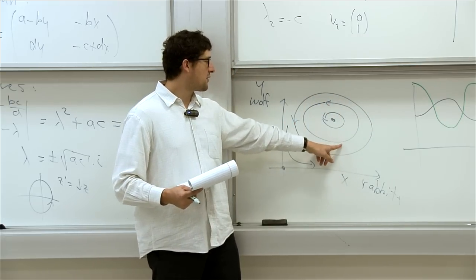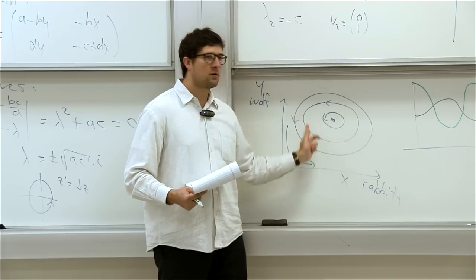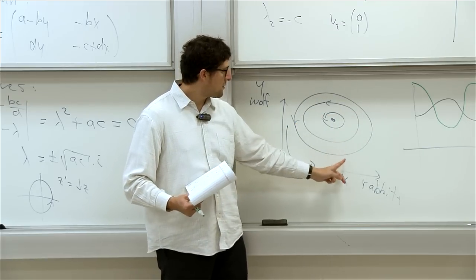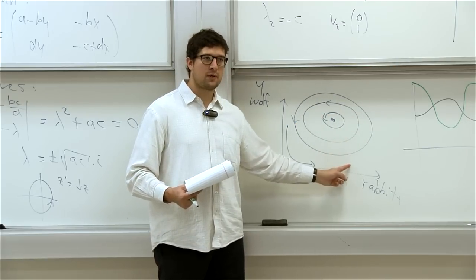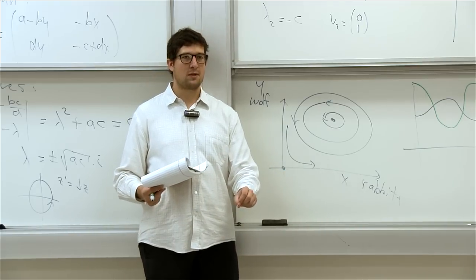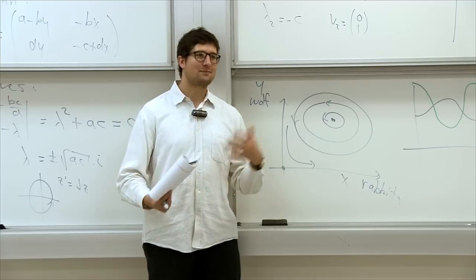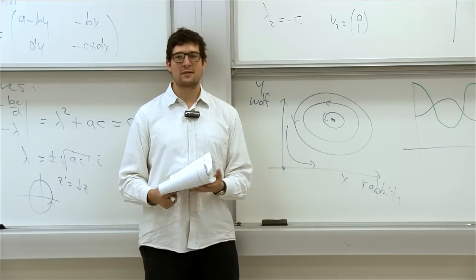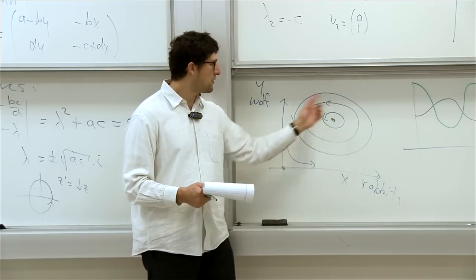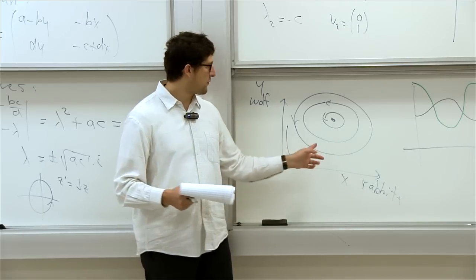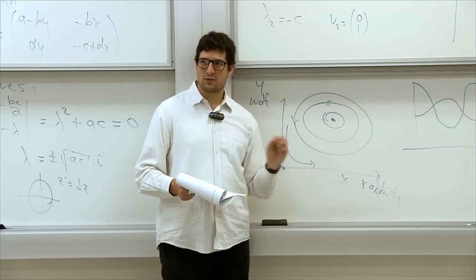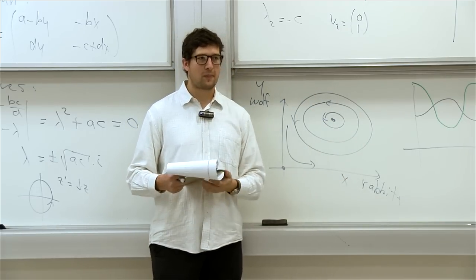And if you started here, you were going around in this circle, and you could never change from one orbit to the other. It's like you're stuck in that orbit. And biologically, that doesn't make sense because there's noise, things are not as nice as that. It would be very unlikely for the orbit between rabbits and wolves to stay always the same.